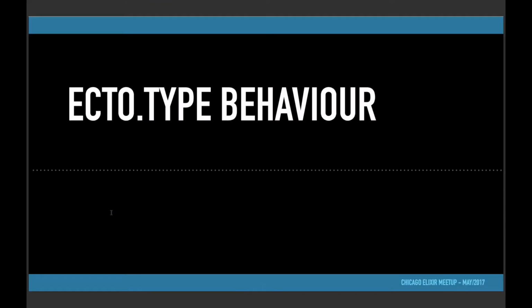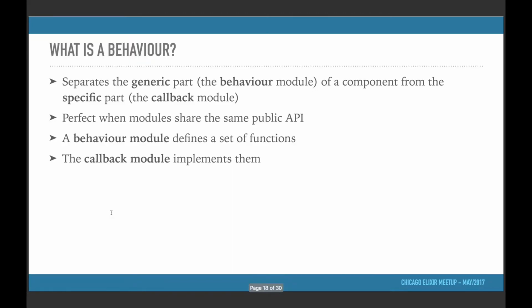But the good news is that Ecto provides a way to extend Ecto itself using the Ecto type behavior. But what is a behavior in Elixir? A behavior is a way that you can separate the generic from the specific. You have behavior-like interfaces in Java. It's the same thing.